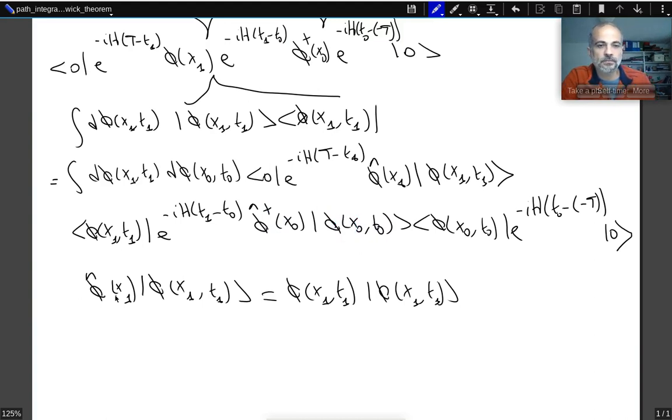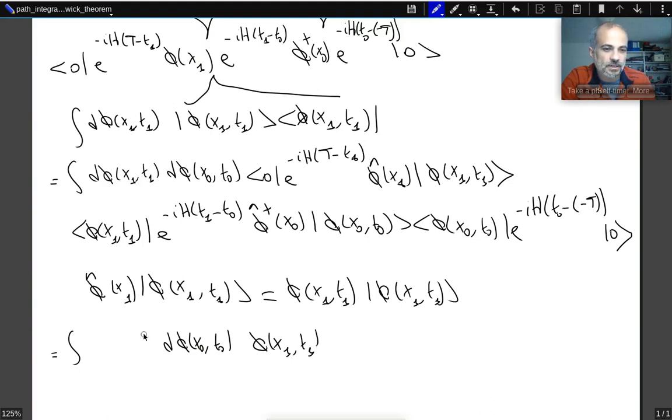So if we use also these, we have d phi x1 t1, d phi x0 t0. These are the integrals over the fields at the time t1 and at the time t0, and hence each one of these involves an integral over all the values of x actually.